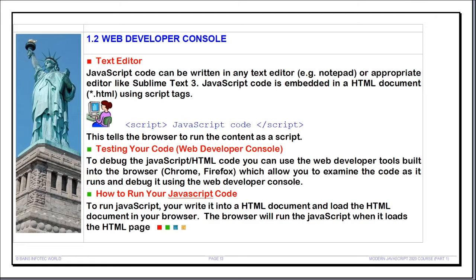JavaScript code is embedded in an HTML document using script tags. So anything that starts with a script tag and then contains the JavaScript code in the middle and then ends with a closing script tag.